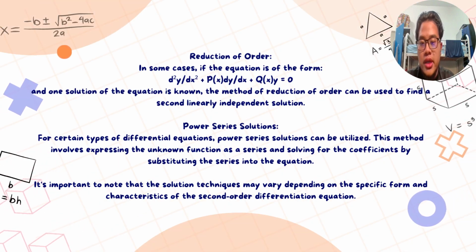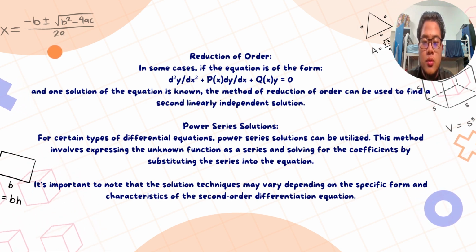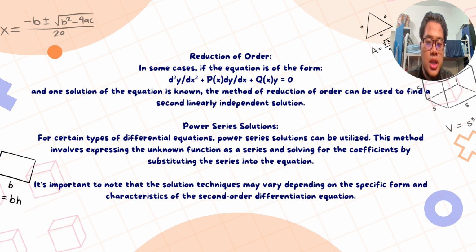In some cases, if the equation is of the form d²y/dx² + p(x) dy/dx + q(x)y = 0 and one solution of the equation is known, the method of reduction of order can be used to find a second linearly independent solution. Power series solution: for certain types of differential equation, a power series solution can be utilized.